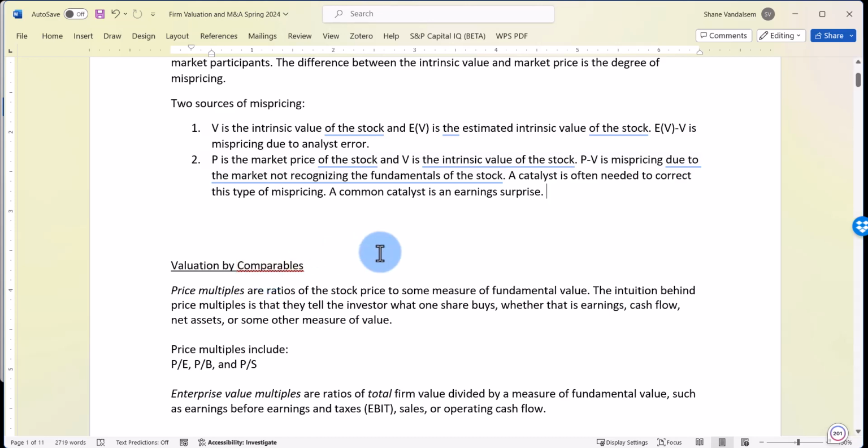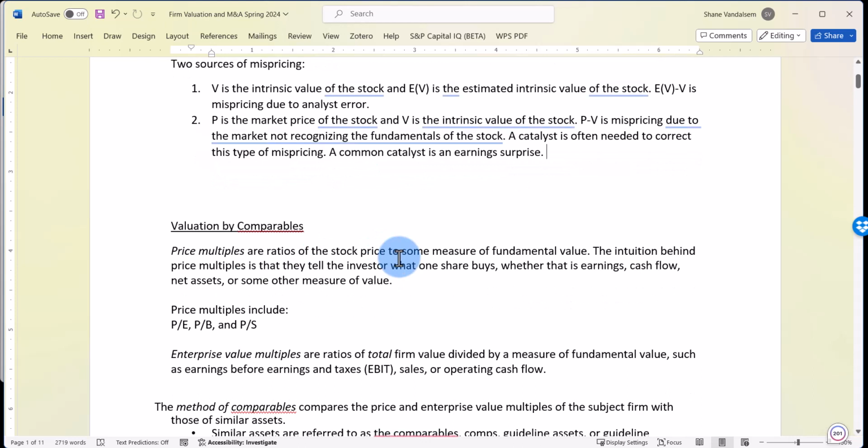So, valuation by comparables: the idea here is that we take comparable firms and evaluate the values of different firms together to see why they might have different values. We use comparables because if we just took the stock price of one firm and the stock price of another firm and compared them, it wouldn't make a lot of sense. And I'm going to show you some examples of this.